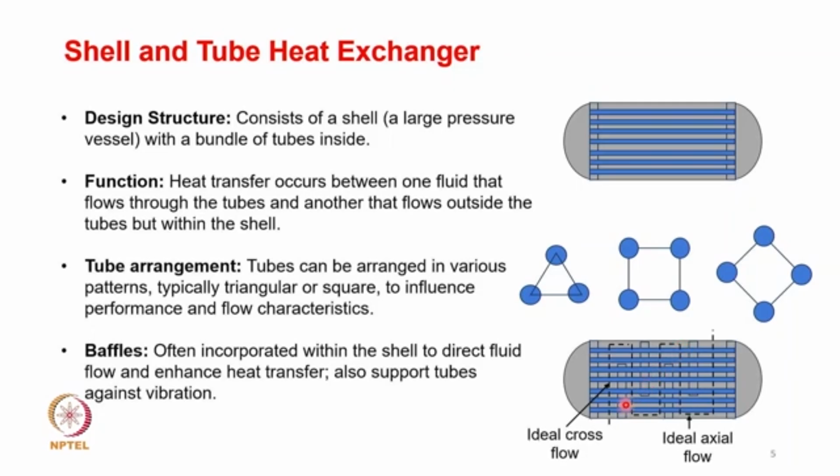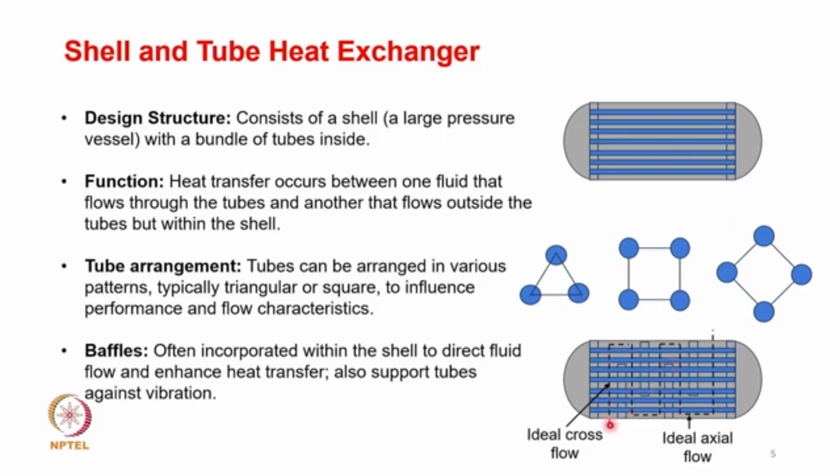Another application of baffles is that, since you are pumping the fluid through the shell, in order to avoid any vibrations of the tubes, the baffle acts as a resistance. So first of all, a baffle will help give a direction to the flow, and it will also help the heat exchanger withstand the high pressure flow.